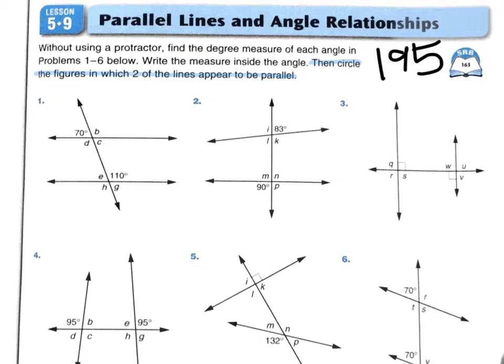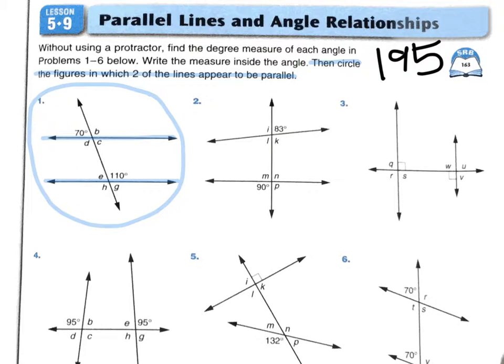Number 1, to figure out if they're parallel, remember they have to be absolutely straight across from each other so that those lines will never meet. So number 1 we do have a set of parallel lines. Number 2, they're pretty close, but I can see that this one is tilting a little bit. Those are not parallel, so we are not going to be circling that one.